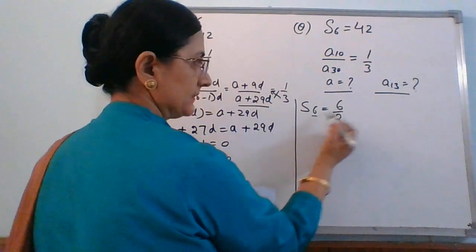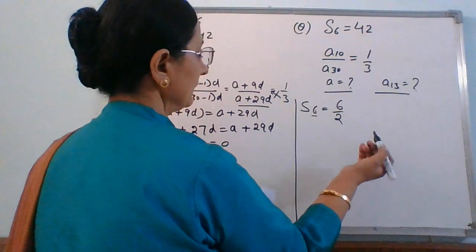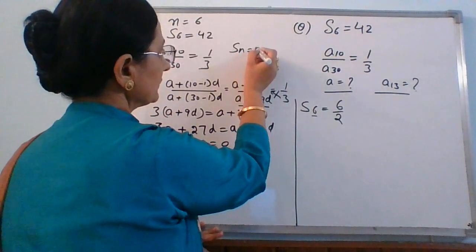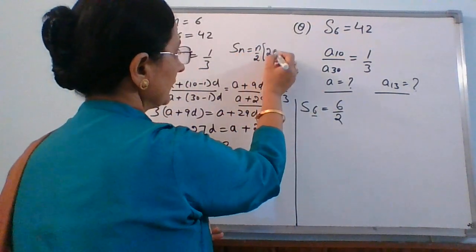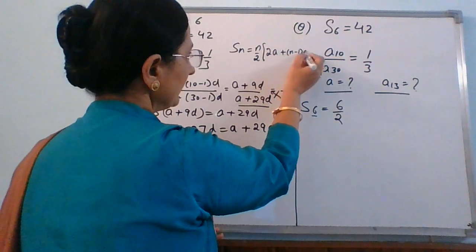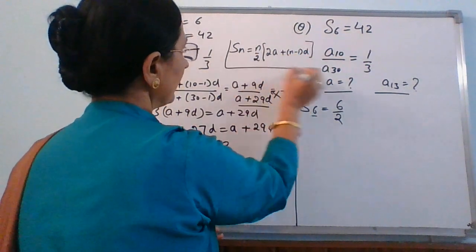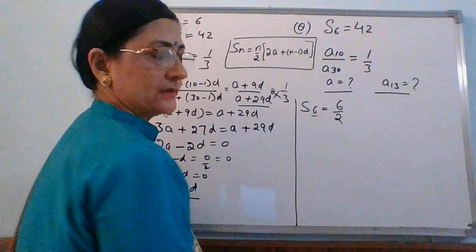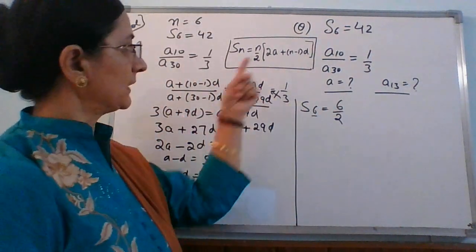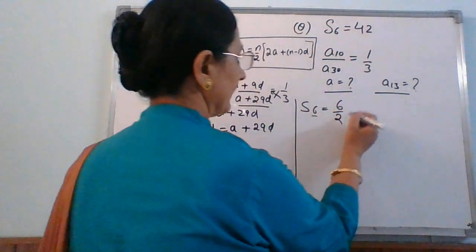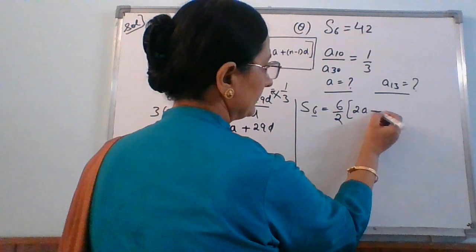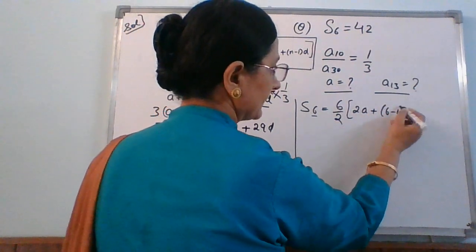First you have to write the formula. I'll write here S_n is equal to n by 2 times (2a plus (n minus 1)d). This is the formula. The last term has not been given, so we'll apply this formula. So n by 2, 2a plus (6 minus 1)d.